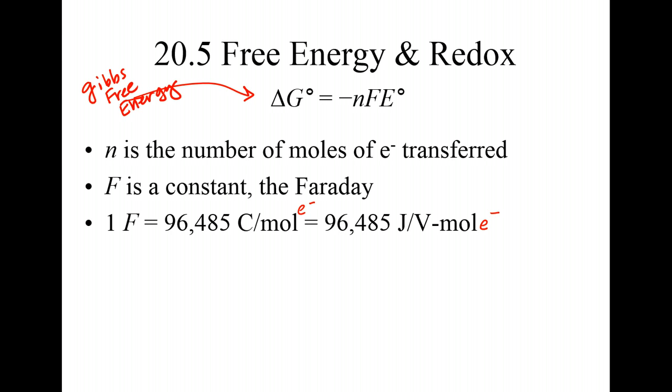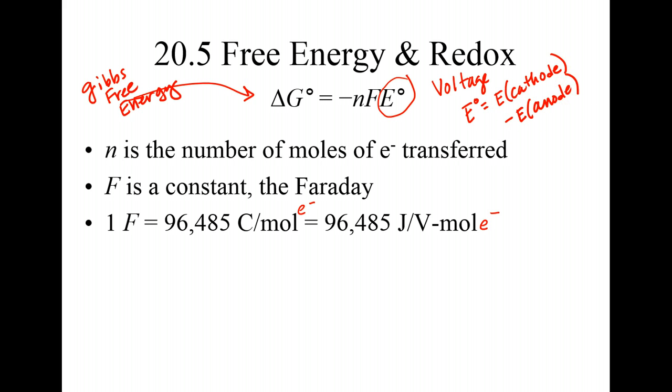And as you are looking at this equation, we have talked about in Chapter 20 that this E cell is really the voltage, and we calculate that by taking the reduction potential of the cathode, where reduction occurs, minus the reduction potential of the anode.